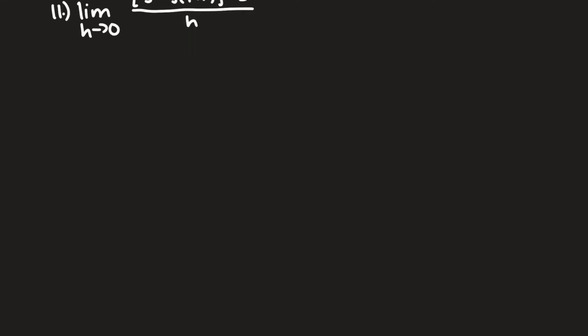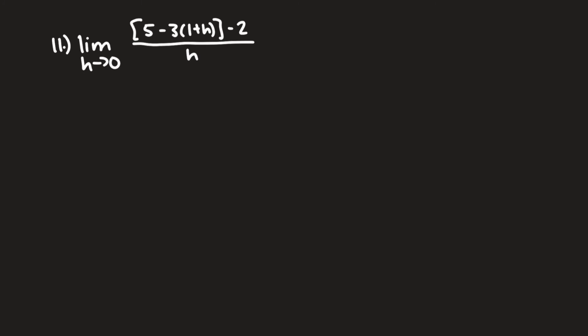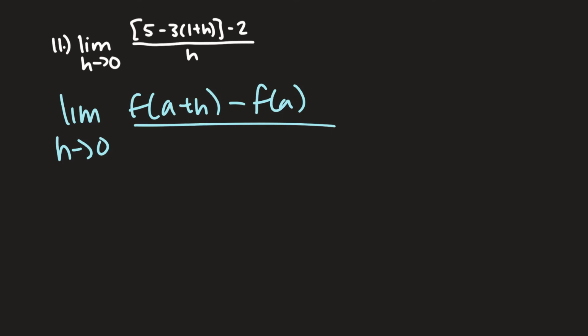Now these are a little bit different because it's not just the formula. They've already plugged in a value, right? So we have to figure out what formula it is they used here. So what they did was use this formula. So f of a plus h minus f of a all over h, right? So let's think this through logically.